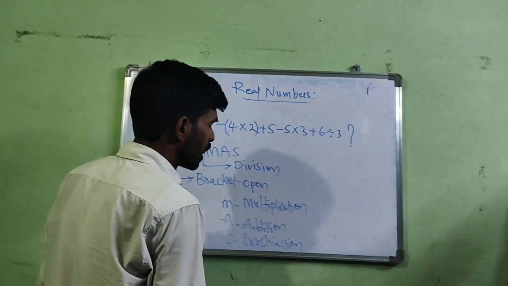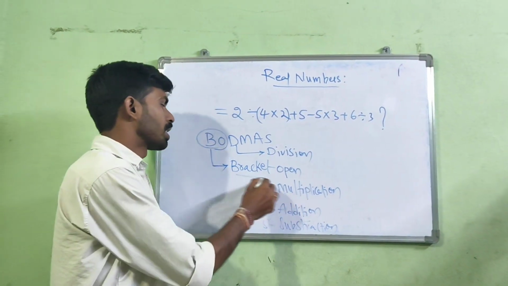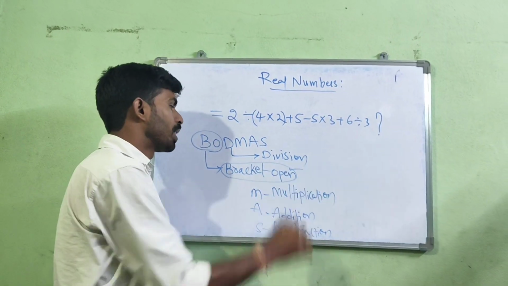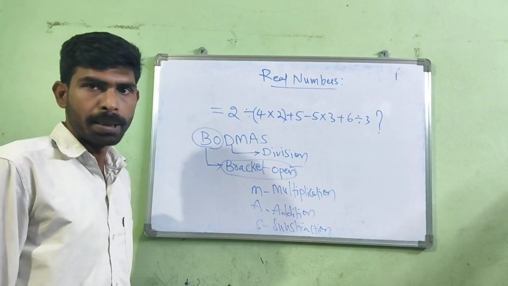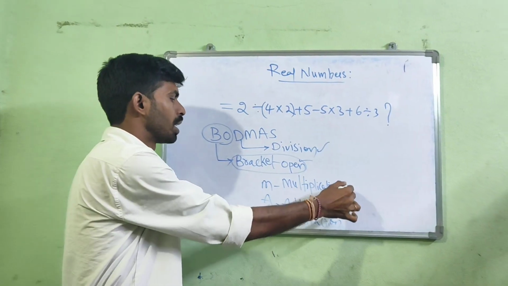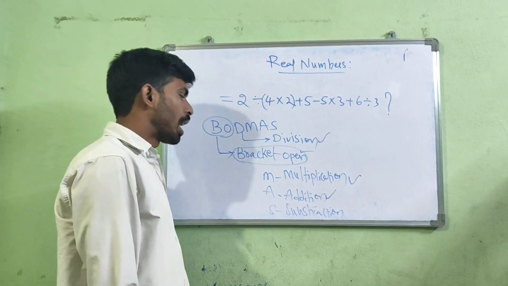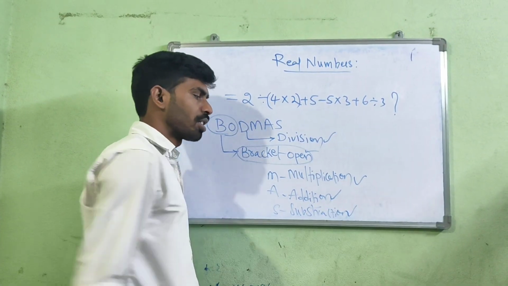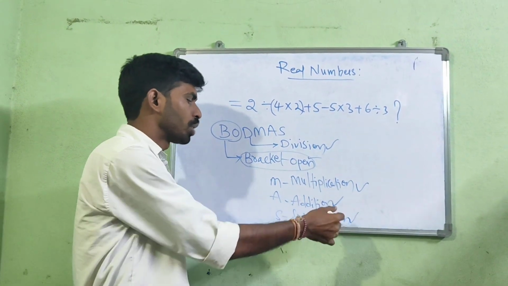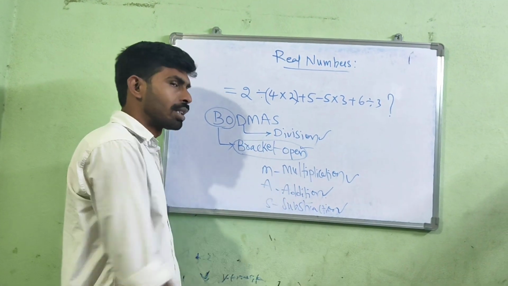What it means is that the first operation is to complete the operation of brackets. After that we go to division and multiplication. After completion of multiplication we do additions and then subtractions. After multiplication you can do subtraction or addition, that will be the same answer actually, but this is the rule.